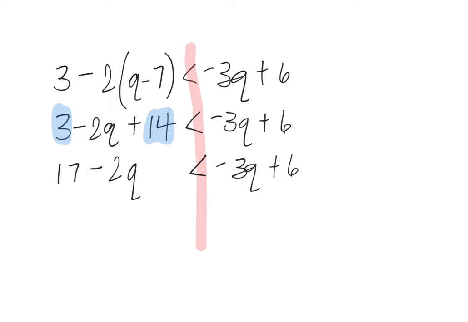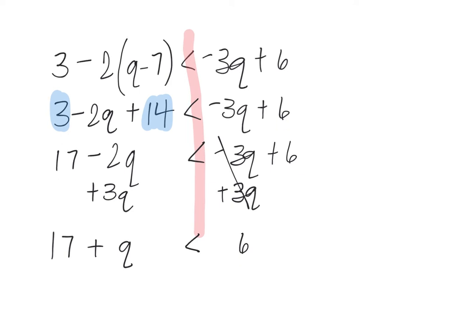I'm going to get q on the left side by adding 3q to both sides. That way it gets rid of it from the right side. I end up with 17 plus negative 2q plus 3q, which is just 1q, is less than 6.